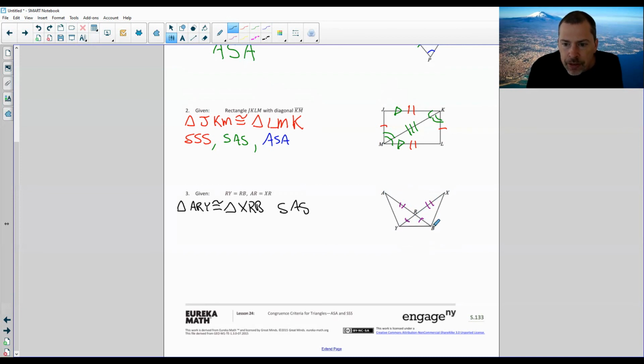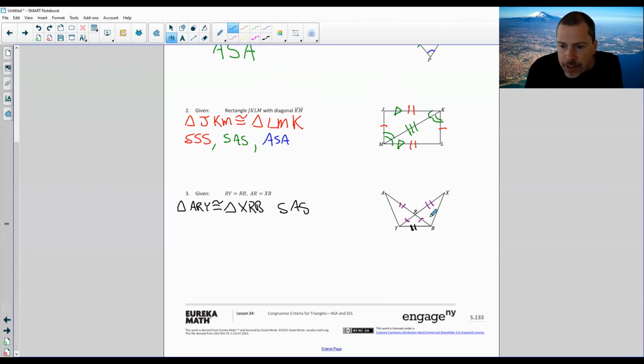So AB length is equal to the XY length. We then have YB congruent to itself, and this triangle here and this triangle here share this side by the reflexive property. So now I have this side and this side.